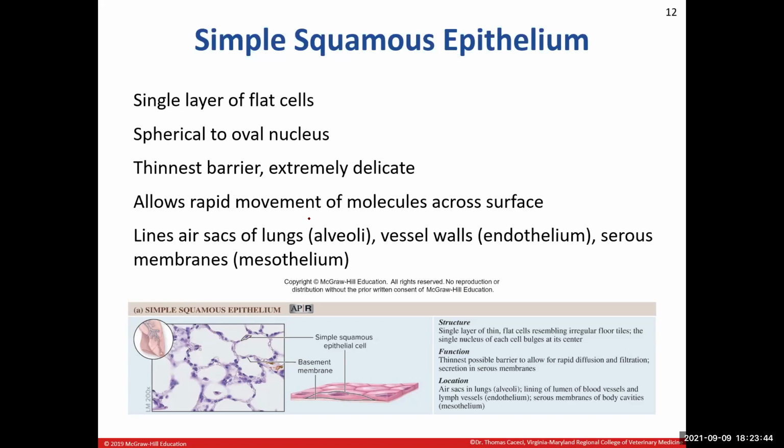We'll also see it in capillaries, and you'll learn this in more detail in 211. Capillaries are found in tissues, and tissues need to get nutrients and get rid of their waste, just like anything else, because their cells need nutrients and need to get rid of waste.